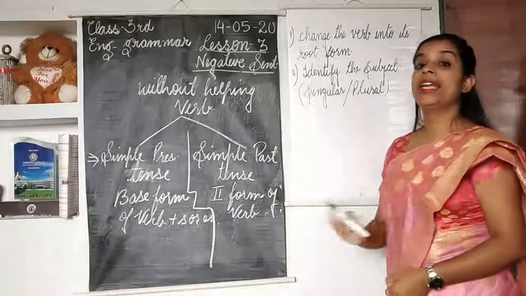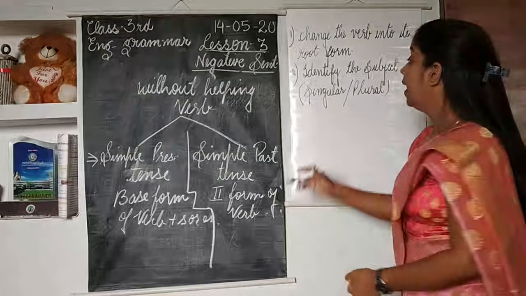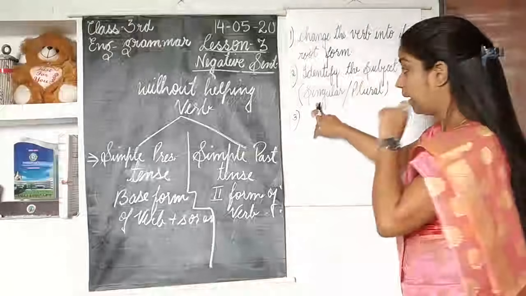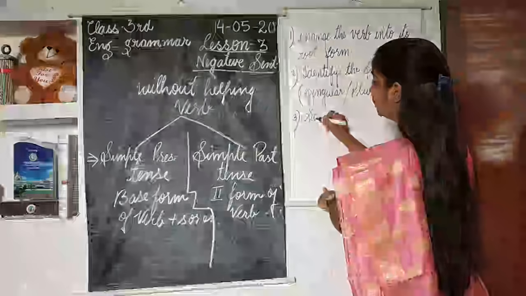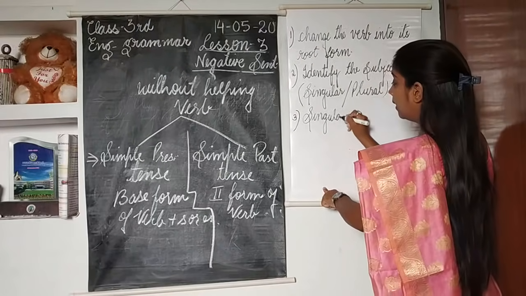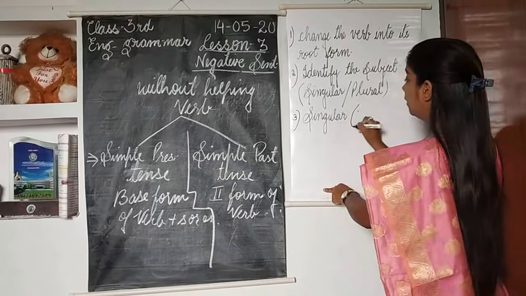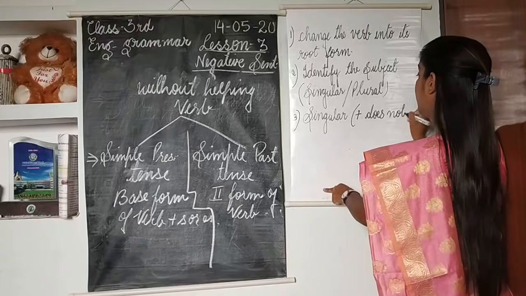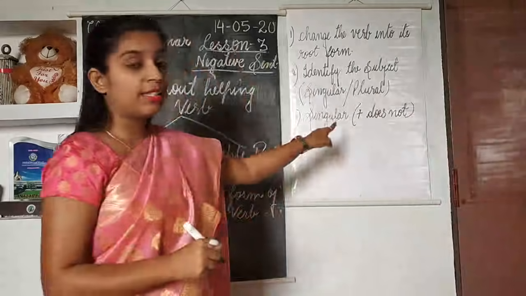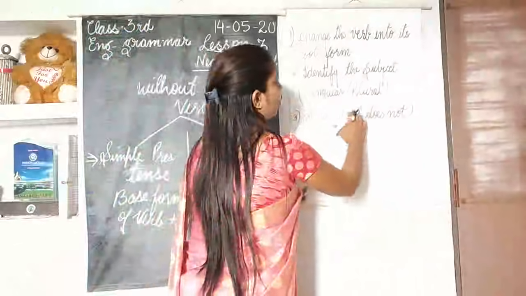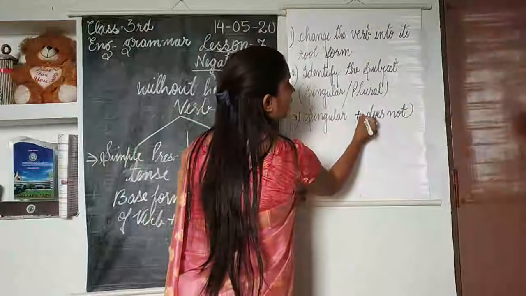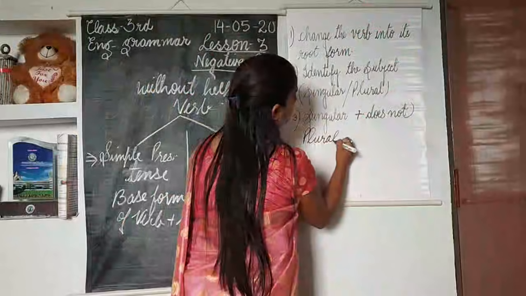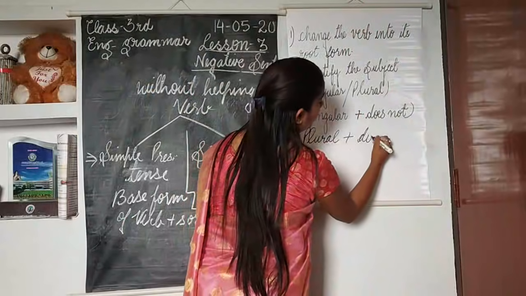After identifying the subject, children, the third step is, if the subject is singular, you will add does not after the subject. If the subject is plural, you will add do not.